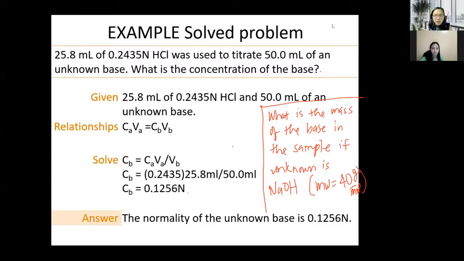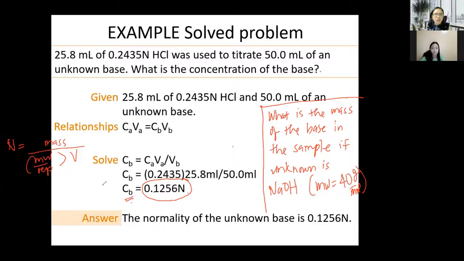Okay, here, what you are given is already, meron na tayong normality. All you have to do is just convert your normality to your mass, di ba? Okay, take note na the formula of normality is equal to mass over molecular weight per replaceable, okay, over volume. Okay, kaninong volume nga ito?